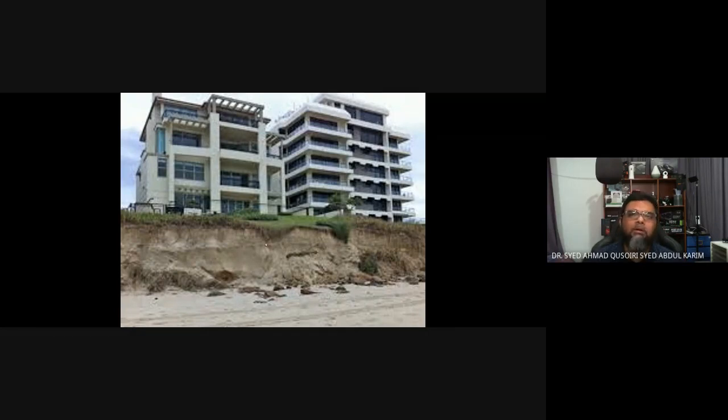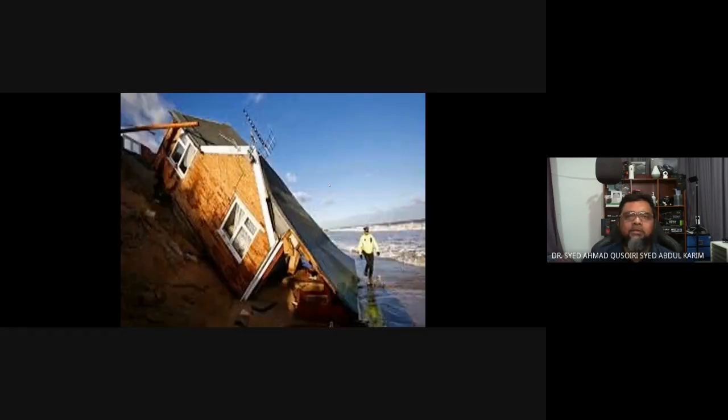Okay? Or in a couple of weeks or a couple of months' time, this building will be claimed by the sea. Can't say the same for this house. Obviously, the soil underneath the house has been reclaimed by the sea. So this affects the house itself.